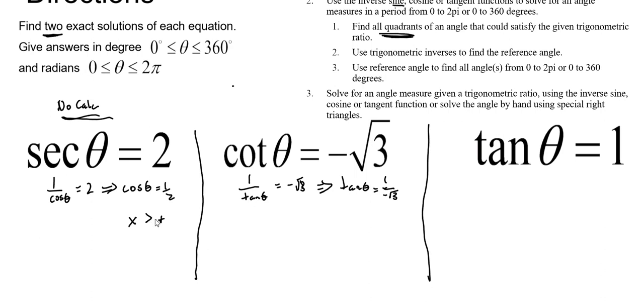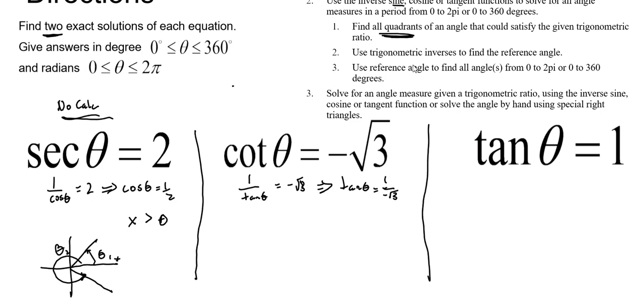So we're looking for where x will be greater than 0. Well, what quadrant is x greater than 0? If you look at right here, x is positive in the first quadrant, and x is positive in the fourth quadrant. And so we're really looking for an angle in this first quadrant. I'll call that angle 1. And we're going to be looking for another angle over here, and we'll call this angle 2.